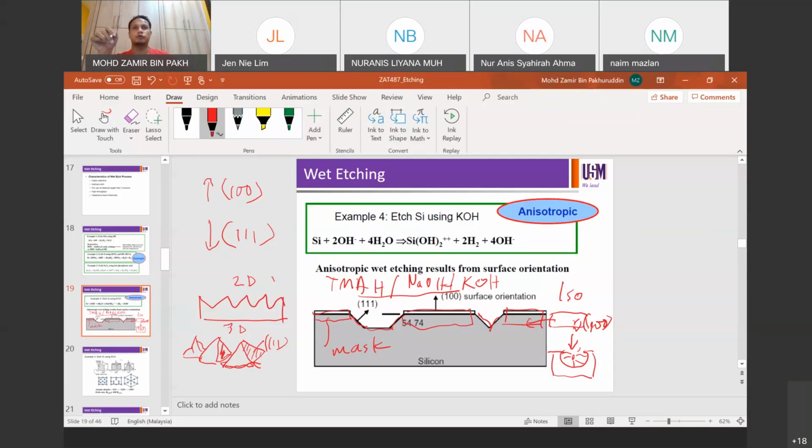There's no way to produce periodic nature unless you have assistance from other processes. Then only it's feasible to do. Or else, it'll just be an array of random upright or inverted pyramids on the surface because that's the nature of the wet etching process.